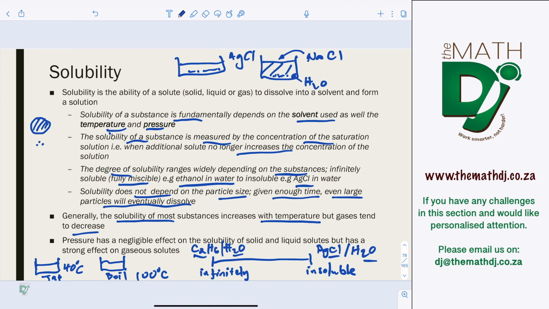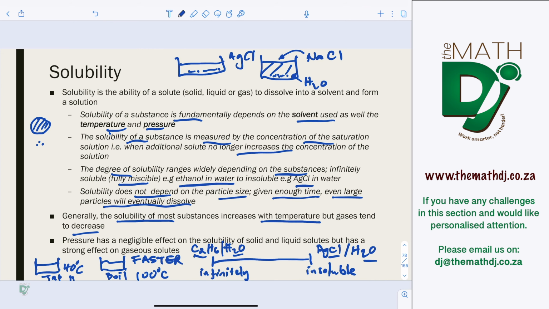So it will dissolve faster here because it has a higher temperature. Higher temperature means the water is more energetic. The particles inside the water are more energetic than the ones at 40 degrees, so it will assist in the dissolution.